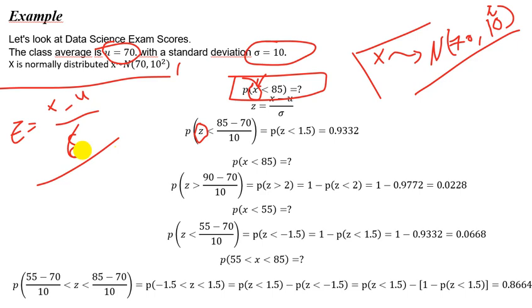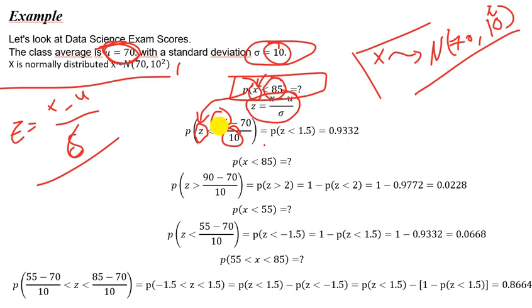So we do this. Here x becomes z, so 85 becomes also z. And how does it become z? By applying this formula. It is the value x, 85, minus the mu, which is 70, divided by the standard deviation, which is 10.